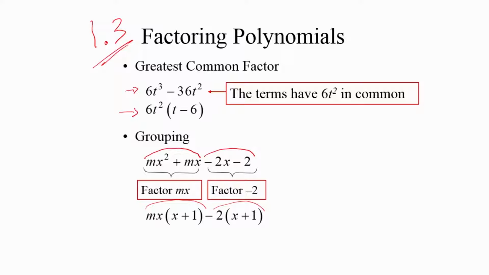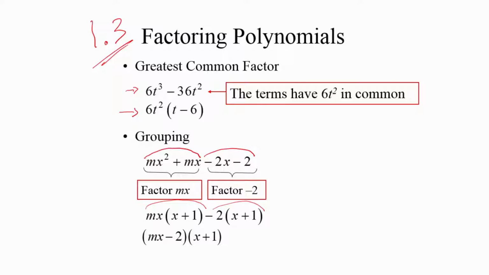So you factor out x plus 1. What remains from the first one is mx, from the second one minus 2: mx minus 2. Okay, so this is grouping.